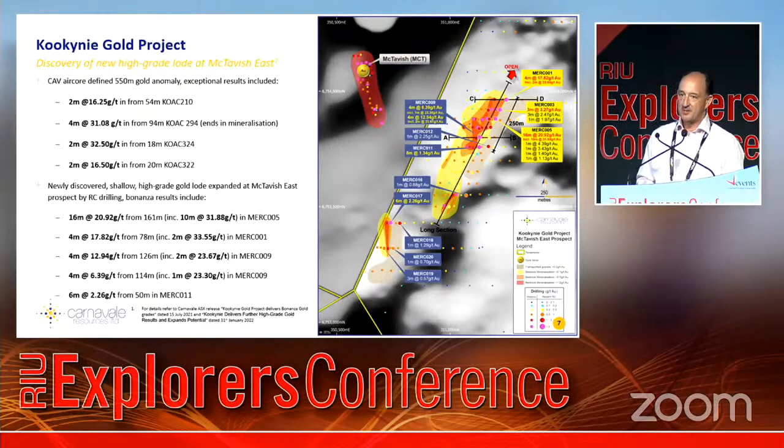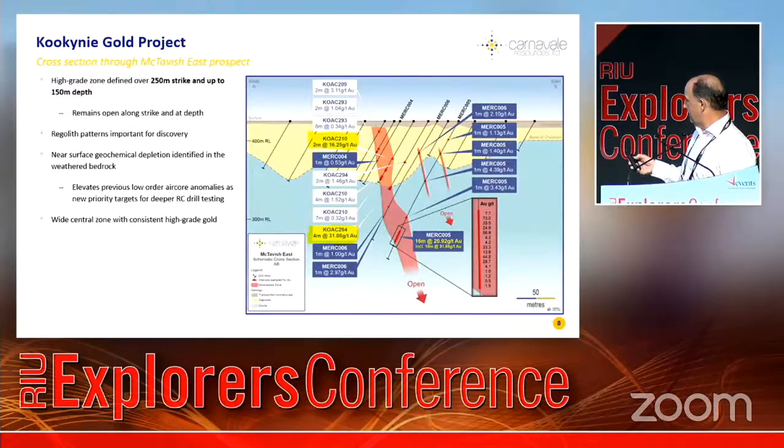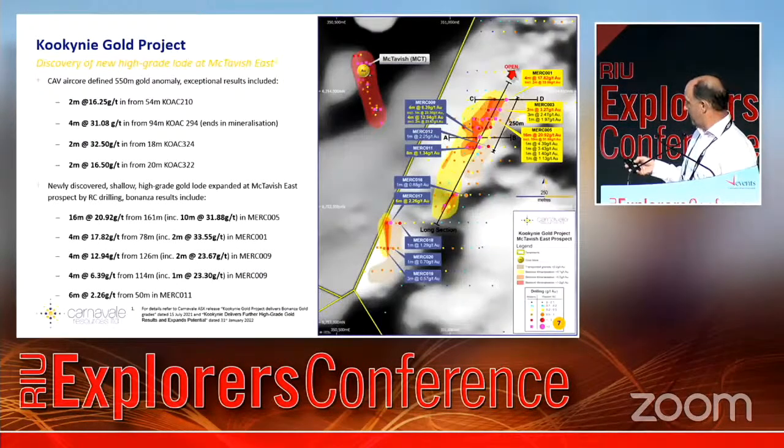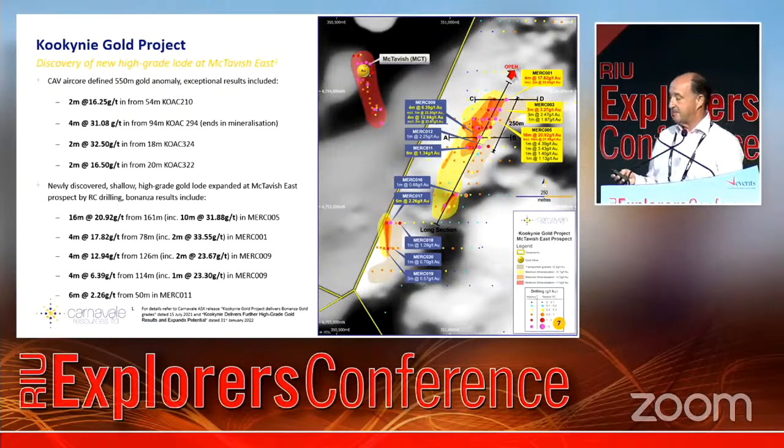So air core, we had substantial hits in the 3rd round of air core. So 2 at 16, 4 at 30, 2 at 32, and we defined an area that is about 500 metres long here, and a high-grade zone in the middle of 250 metres.